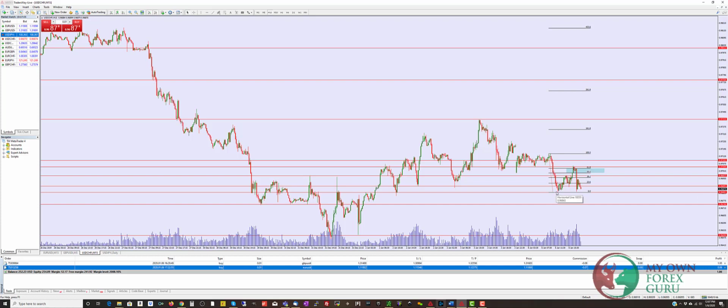What I now expect is that I'll reverse the fib. This fib is drawn from the top to the bottom to see how much the retracement was. Now I'm going to draw from the bottom to the top to see where price could potentially go. And I'm looking at the 161.8 fib. I believe that price could come down around here, and that would be consistent with, again, a support and resistance.